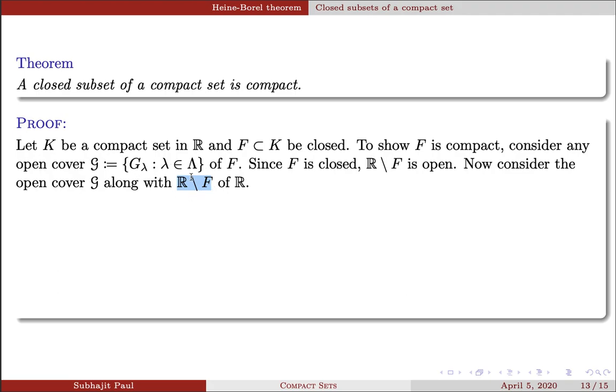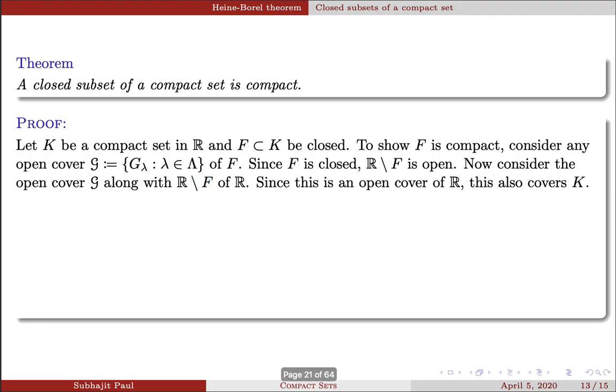This will be an open cover of the entire R, because script G covers F, and R minus F, being an open set, covers everything else which is not in F. So together they form an open cover of entire R.